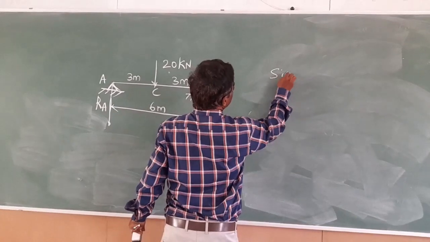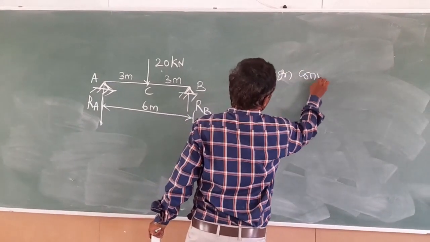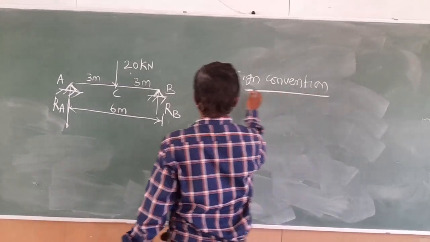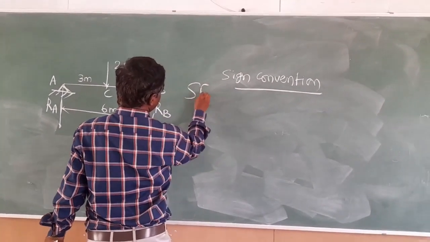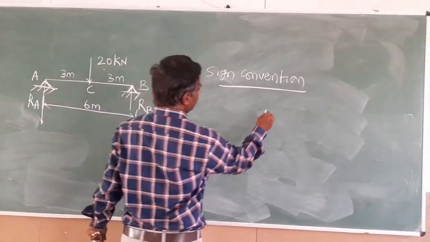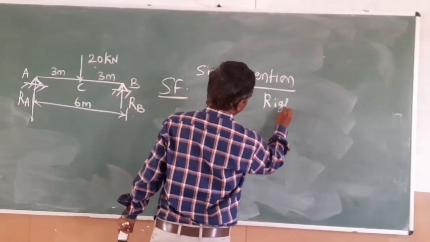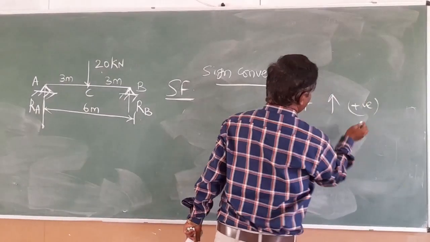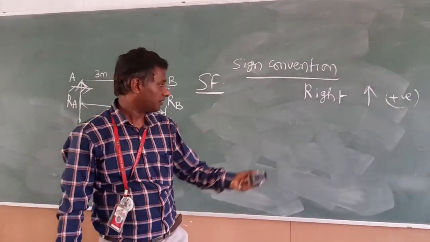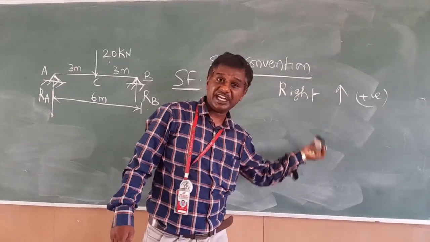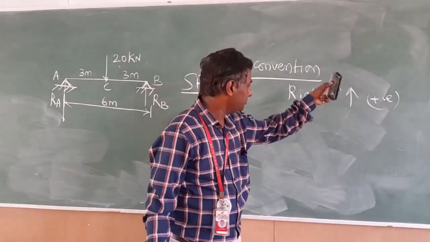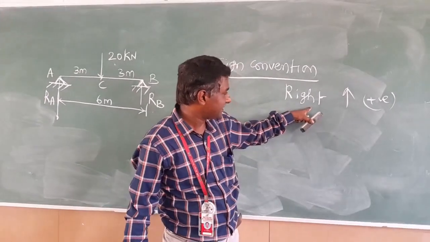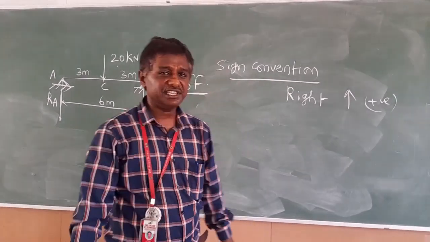Now, the sign convention for shear force: right up is positive, and the remaining is negative. You take right up as positive, right down as negative. If you take left up, it is negative, and left down is positive. So by having this sign convention, you can go for anything else. Okay.